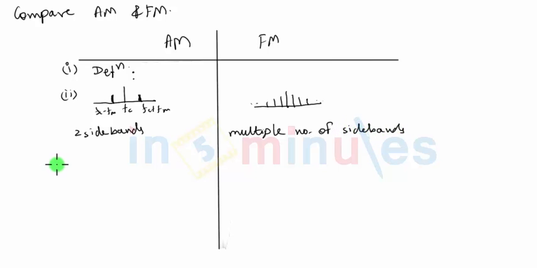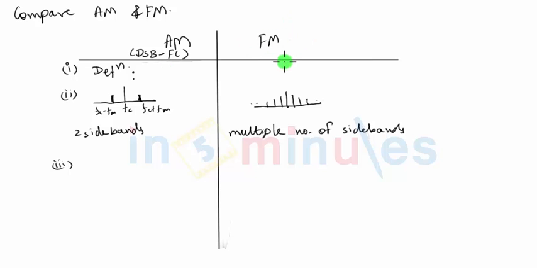The next point we can write will be about the mathematical expression. Mathematical expression for amplitude modulation. Now whenever we talk about AM, we will consider a double sideband full carrier because that's a conventional AM signal. So most of the points will be related to DSB-FC, and hence we may not mention it separately.